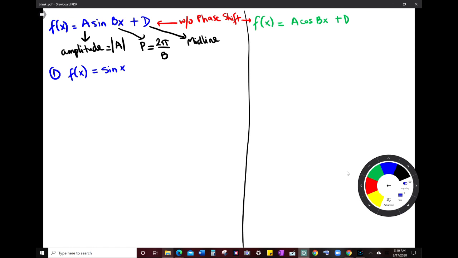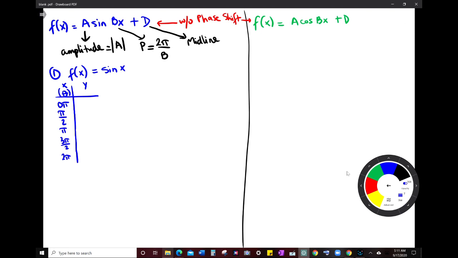So then if we make a table, we have x, which is theta, and y, which is the ratio of sine x, or f of x. And then I will choose 0 pi, pi over 2, pi, 3 pi over 2, and 2 pi.